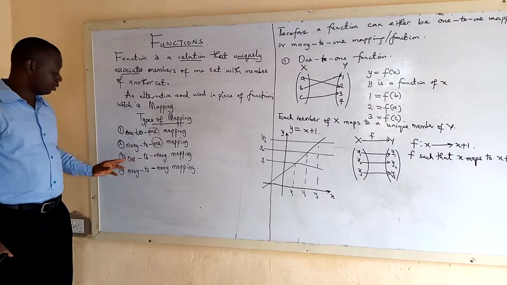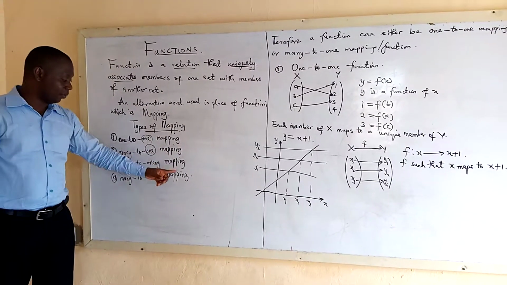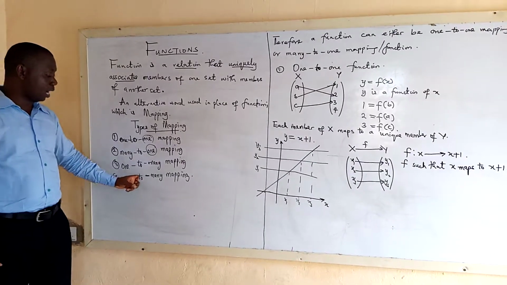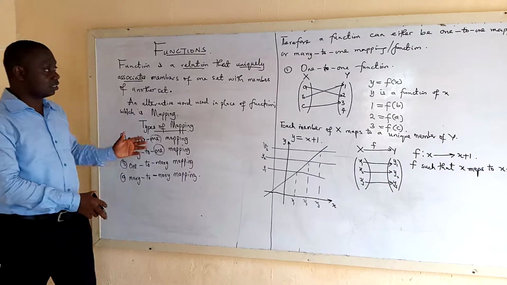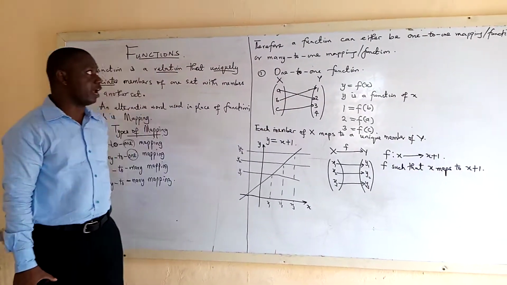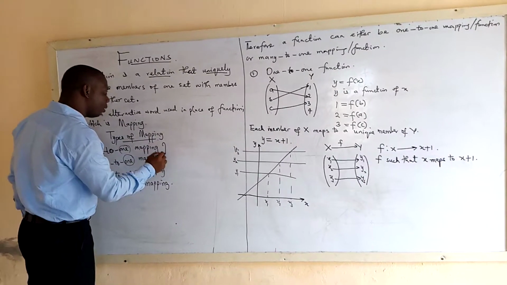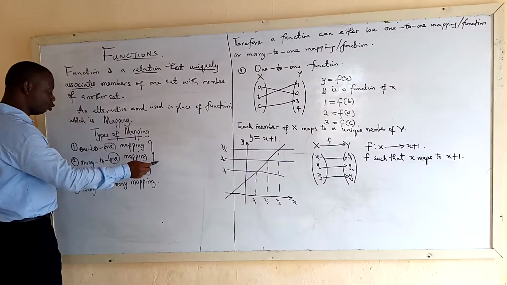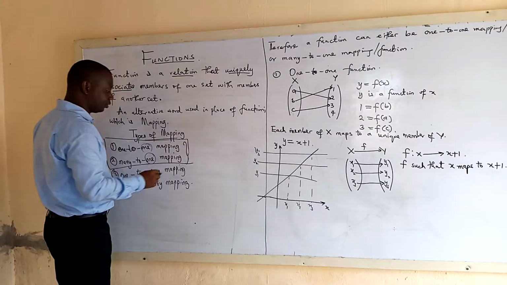One-to-one mapping, many-to-one mapping, one-to-many mapping, and many-to-many map. Now, just all this mapping that we'll be doing here. So, I said that only these two here are functions.